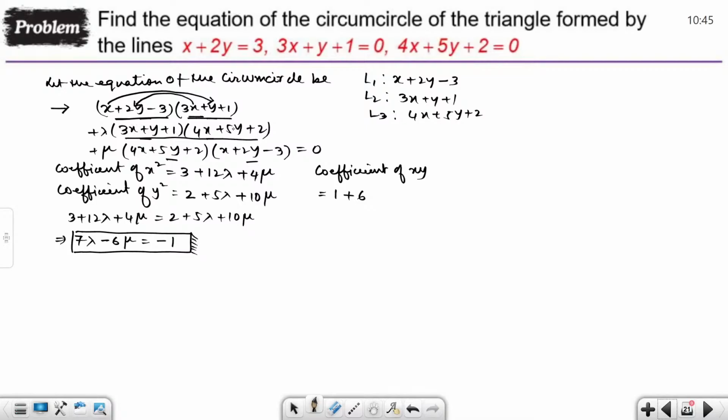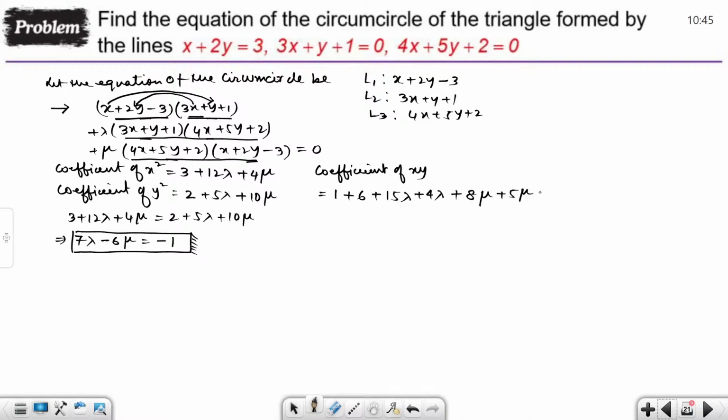From the second one, what will be the coefficient of xy? When 3x is multiplied with 5y, that is 15 lambda. When 4x is multiplied with y, that is 4 lambda. Am I correct? This is the coefficient of xy. And from the third one we are getting 8 mu plus 5 mu.